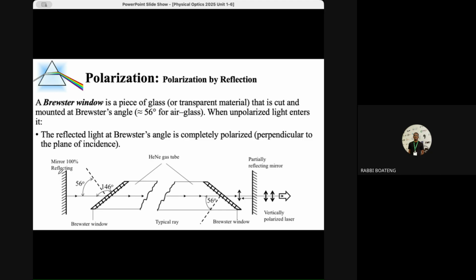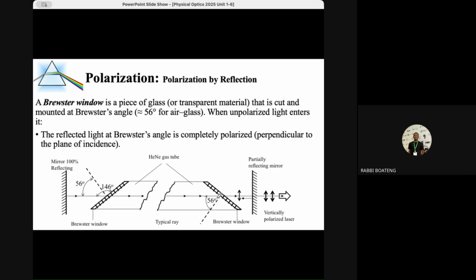You can get 80-something, 90-something, but not 100. But the one in the laser medium is absolutely 100, if not 99 point something. The other one opposite it is a partially reflecting mirror. When you say partially reflecting mirror, it can reflect and it can also allow some of the light to pass through. So it's behaving in both ways.